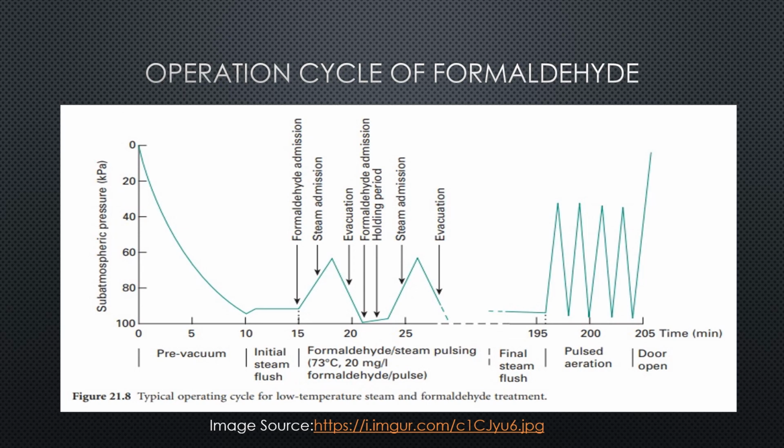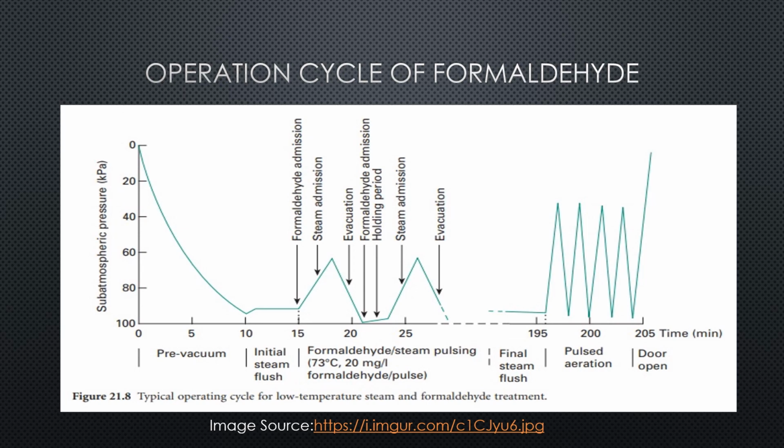Here again the steam is flushed so that complete formaldehyde is removed from the chamber, and the load is dried by alternating stages of evacuation and admission. Here again we can see that this is not a continuous process like ethylene oxide. Here we have entry and exit of the steam, so that we can obtain complete safety from the carcinogenic gas.